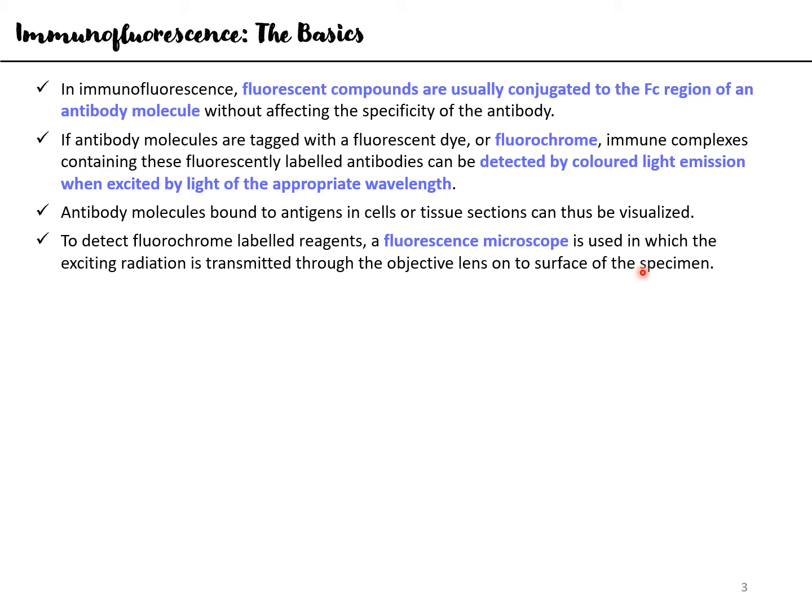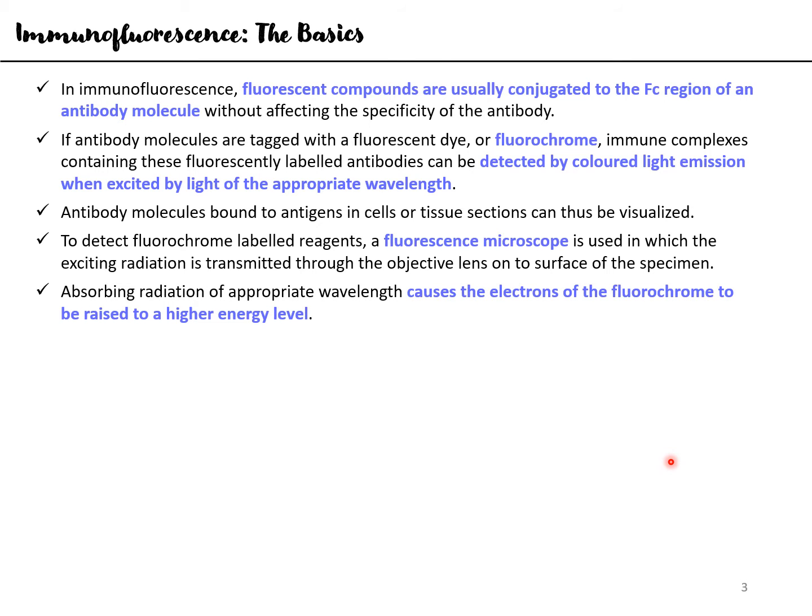Now, in order to detect fluorochrome labeled reagents, a fluorescence microscope is used. It is an absolutely imperative requirement, in which the excitation radiation is transmitted through the objective lens onto the surface of the specimen.